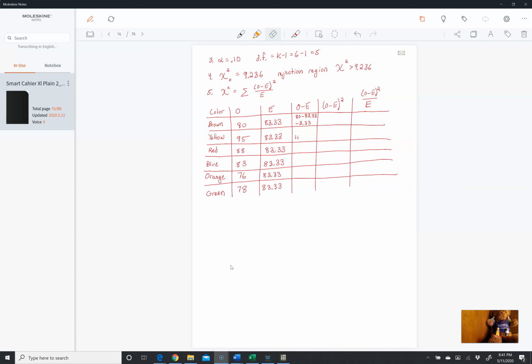And we have 11.67, 4.67, negative 0.33, negative 7.33, and negative 5.33.